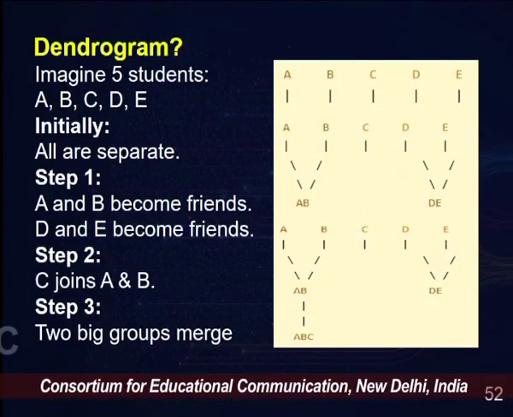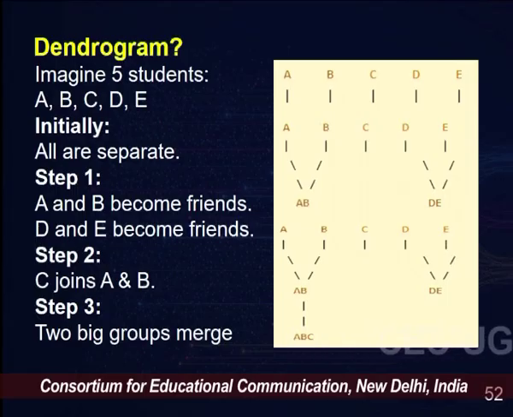You can think of it as a visual history of how the clusters are formulated and how they got split into different clusters. As you can see in this dendrogram diagram, suppose you are imagining 5 students, for example A, B, C, D, E. I have drawn this on top of the right-hand side diagram through certain pipes.